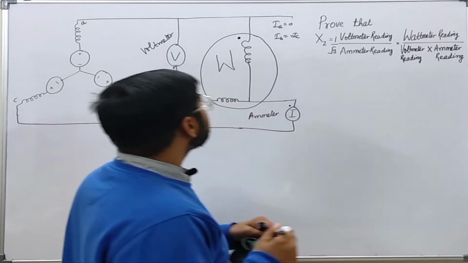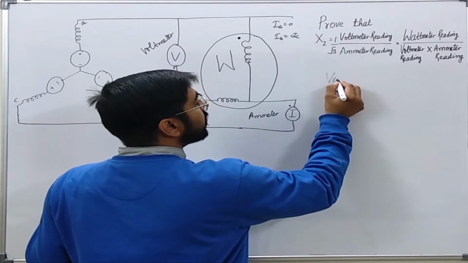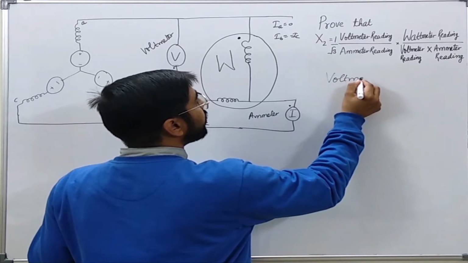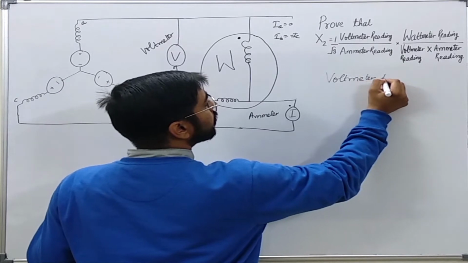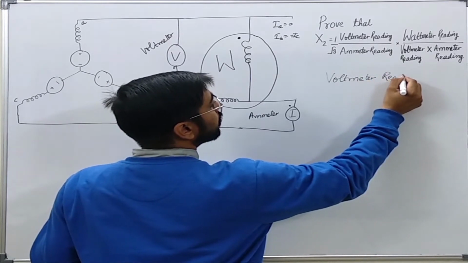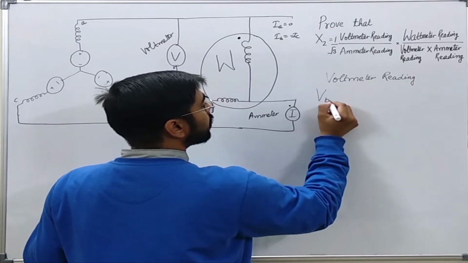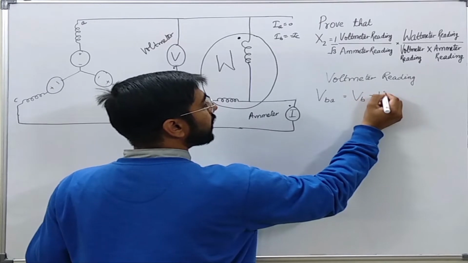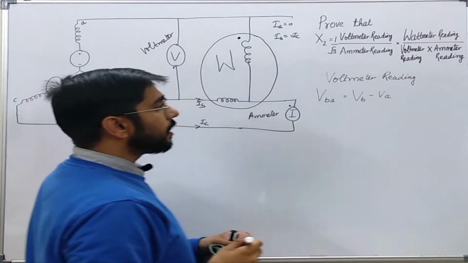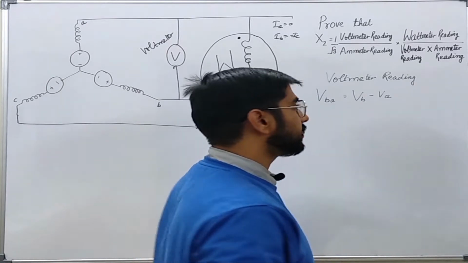Now, we know that this voltmeter reading is VBA. It is nothing but VB minus VA. Now, we will write VB and VA in terms of sequence components.